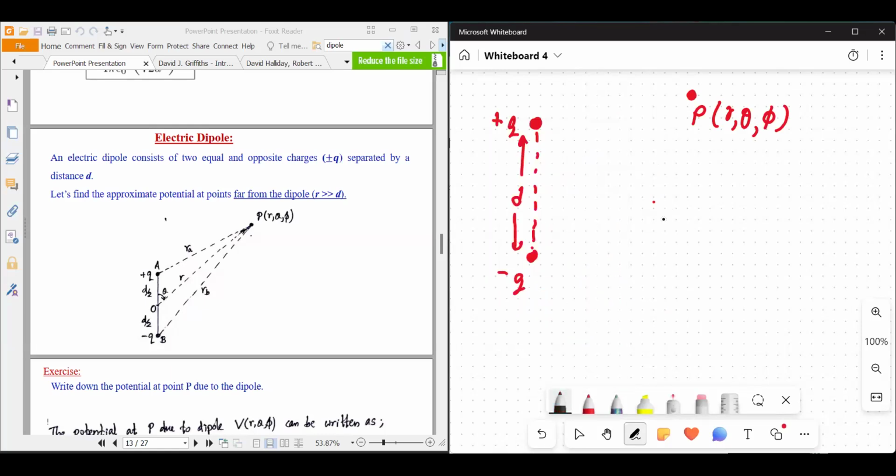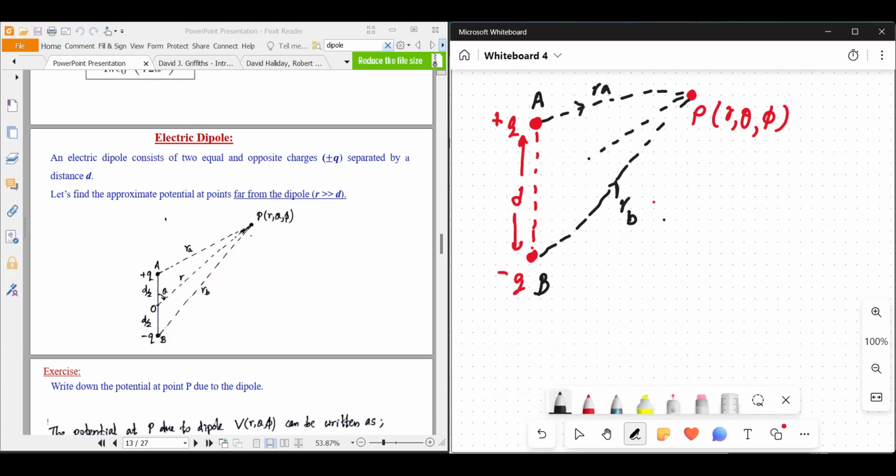Let's say the vector connecting point A and point P is A, and the vector connecting point B and P is B. We will calculate the potential from the midpoint of this dipole. If that is the origin, then this is vector R, the vector connecting the origin and point P. Now, how can we calculate the potential here?